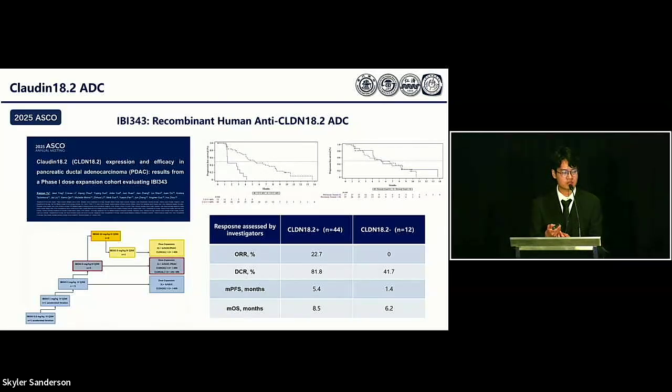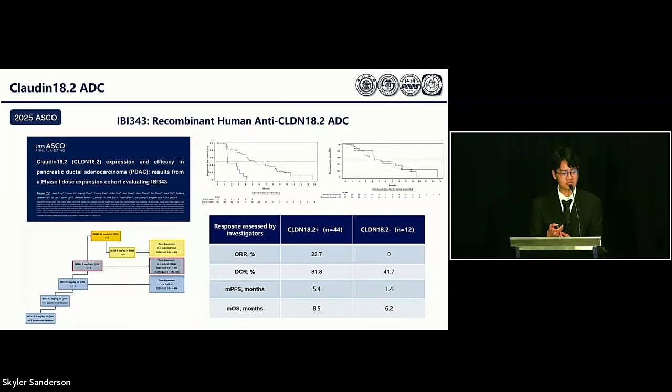At the 2025 ASCO annual meeting, a Chinese research team reported the anti-tumor efficacy of a novel anti-Claudin 18.2 ADC drug, IBI343. We can see that Claudin 18.2 positive patients achieved more benefit from this treatment compared to those with negative Claudin 18.2 expression.